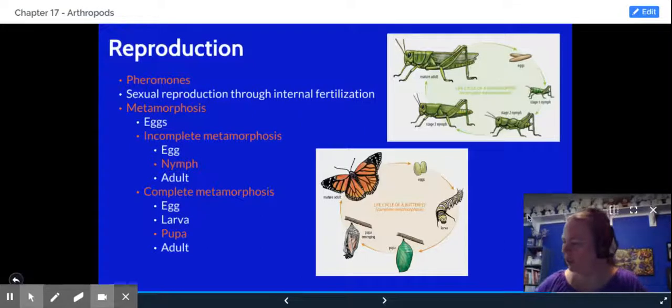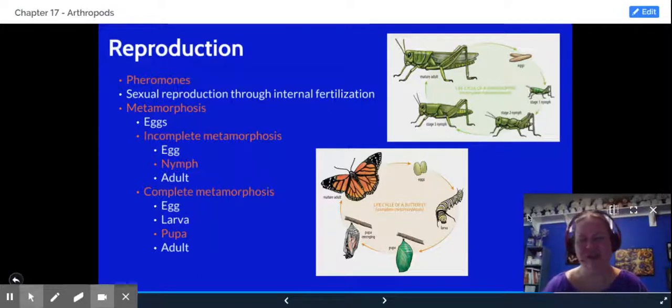All right, how they reproduce. Females will release chemicals called pheromones that attract the males. Sexual reproduction is internal. Their life cycle is called a metamorphosis, where they will undergo different changes. There is incomplete metamorphosis and complete metamorphosis.